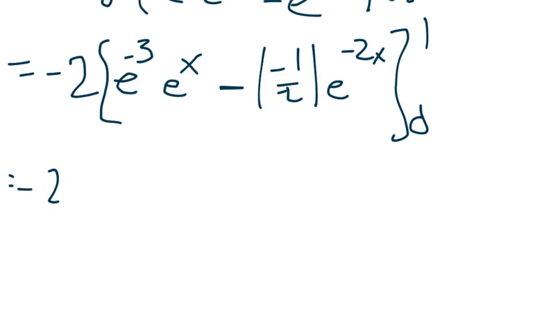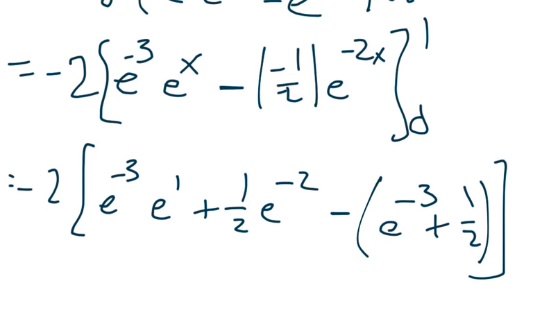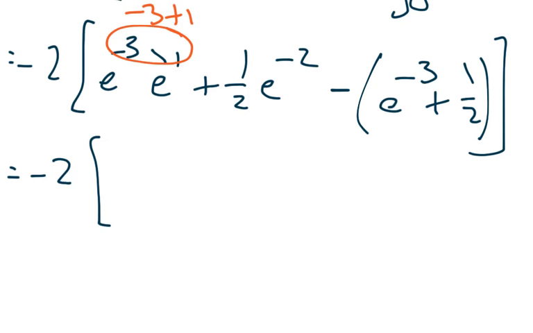So this is minus 2 e to the minus 3 e to the 1 plus 1 half e to the minus 2, minus all the other stuff, and that's e to the minus 3 e to the 0, which is just 1, e to the minus 3, plus 1 half e to the 0 is just 1. So this is going to be minus 2 e to the minus 3 plus 1, right? If we look at these terms, this is minus 3 plus 1.